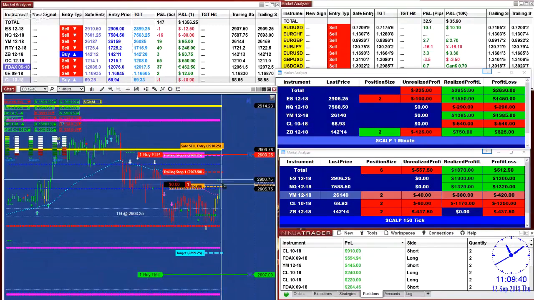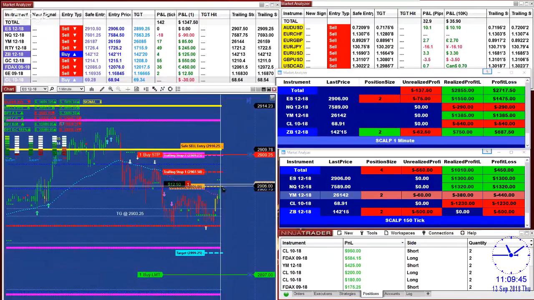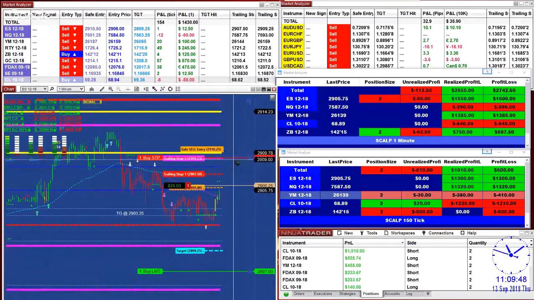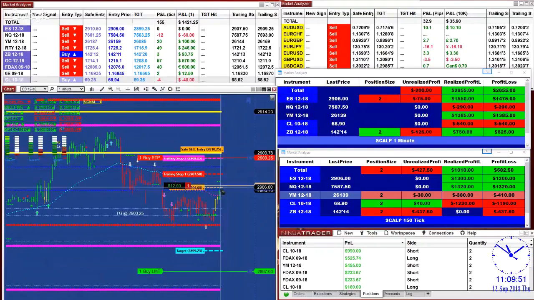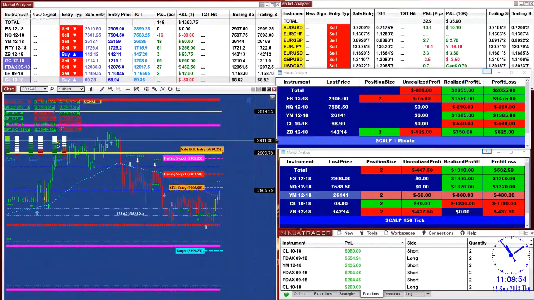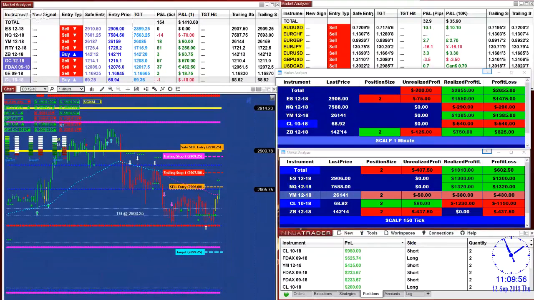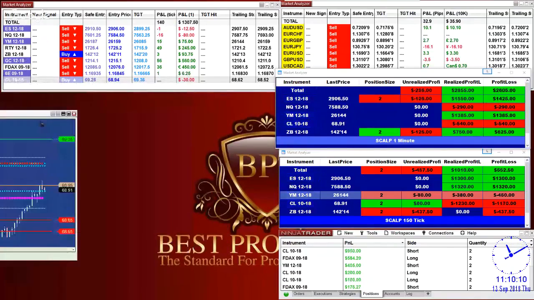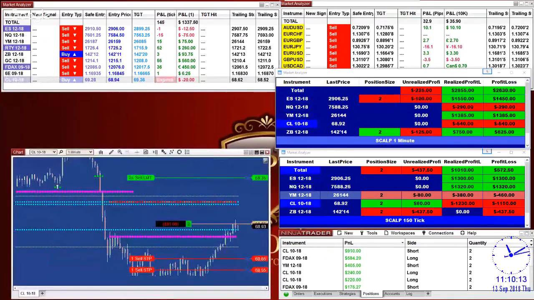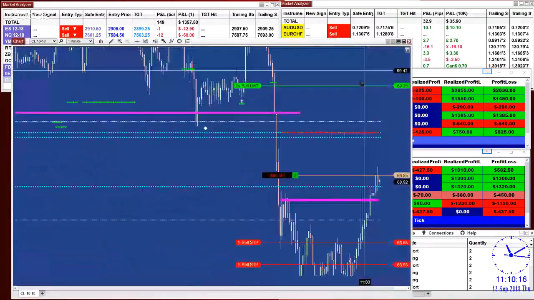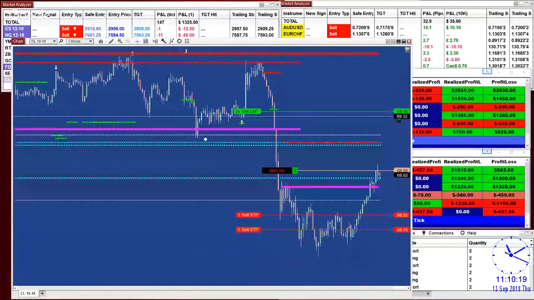I'll be closing this one. And I think we are getting ready to get a new signal. Okay, we just closed it, and we are waiting on a buy signal on the Nasdaq. And now we got the CL, so we're going to move this one away, and we're going to look at the CL. This is the new signal on the CL.